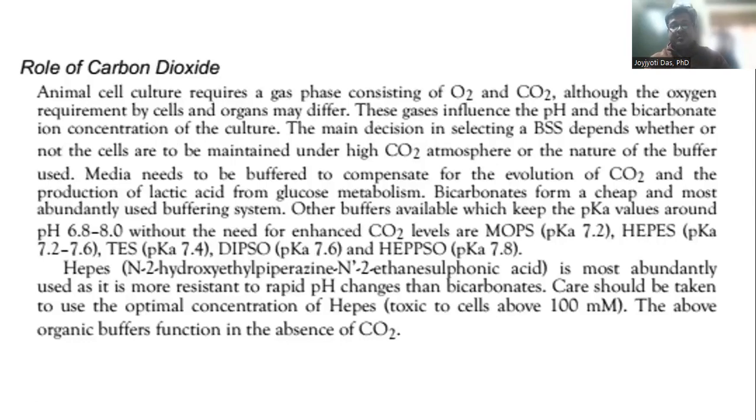A very important point of differentiation with microbial cell culture is that we do not need a carbon dioxide supply for our microbial cells, but for animal cells, carbon dioxide is a necessity. Why? Animal cell culture requires a gas phase consisting of oxygen and carbon dioxide, although the oxygen requirement by cells and organs may differ.